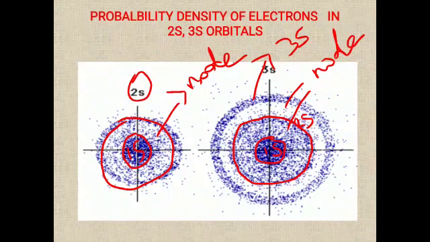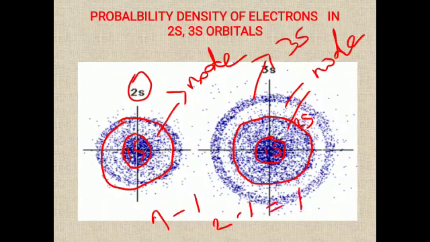So what is the formula to calculate the number of nodal surfaces? n minus 1 is the formula. For example, for the 2s orbital, what is the n value? n equals 2, so 2 minus 1 is equal to 1. One nodal surface will be there for the 2s orbital. Yes, it is correct from the diagram.